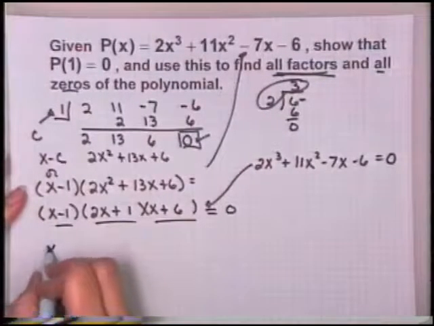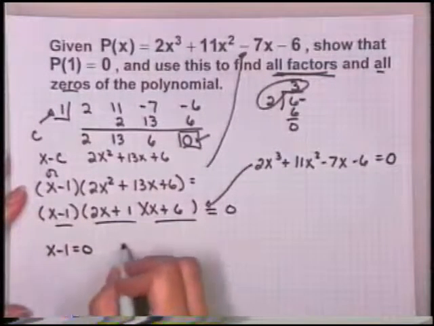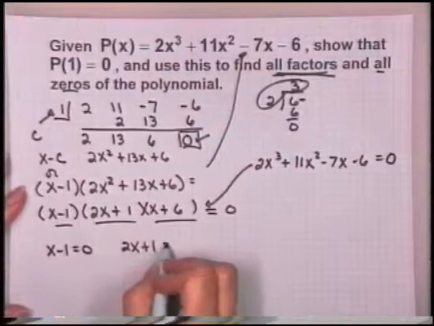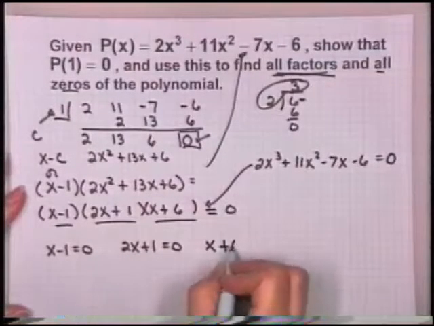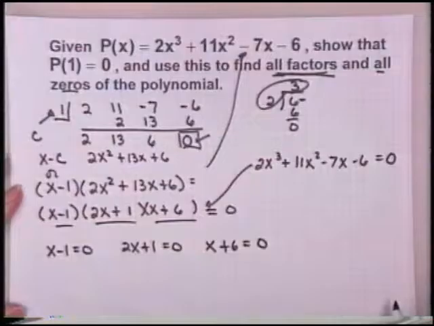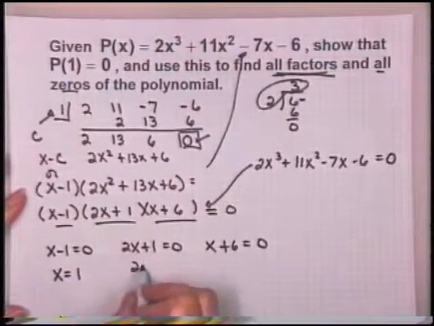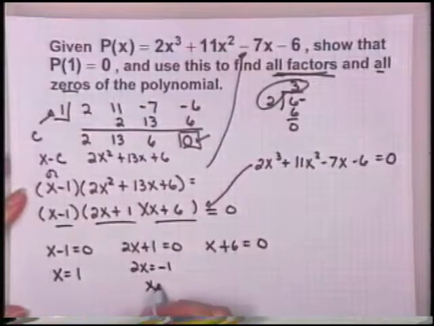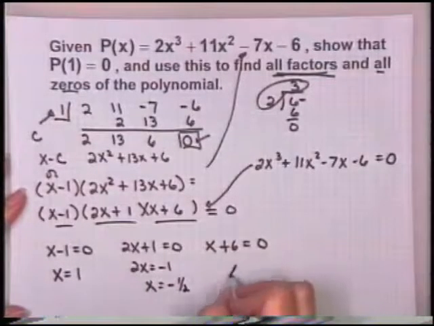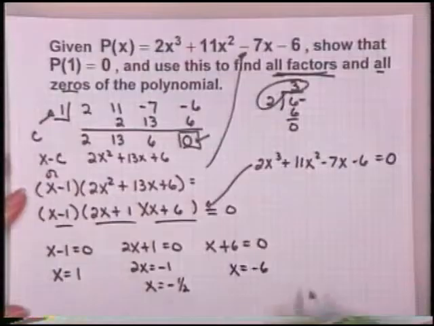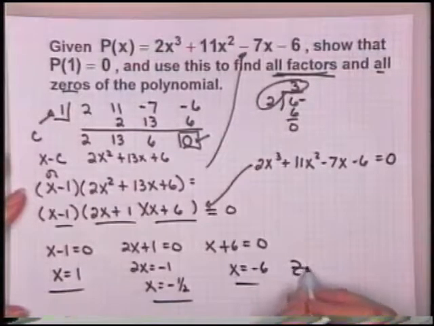And then what does that allow me to do? Set each factor equal to 0, doesn't it? X minus 1 equals 0, 2x plus 1 equals 0, and x plus 6 equals 0. Now let's solve for x. X equals 1, 2x equals negative 1, so x is negative 1/2, and x equals negative 6.